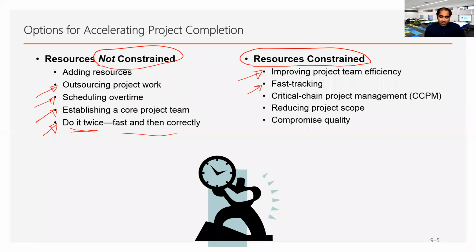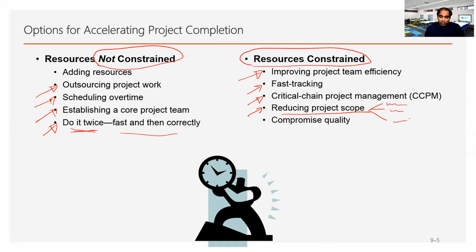Fast tracking, critical chain project management, we call it CCPM. That means purely focusing on the critical chain, and every activity within the critical chain, revisit and reanalyze whether anything can be done to reduce the total project duration. Reducing project scope: the initial project scope might include a number of options in a product or in a software or in a service.